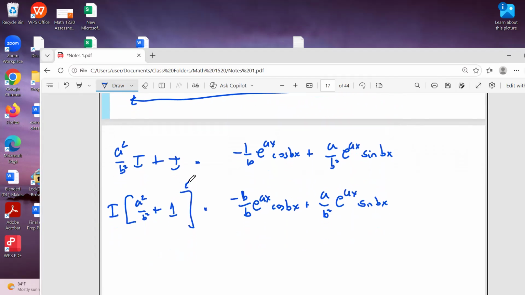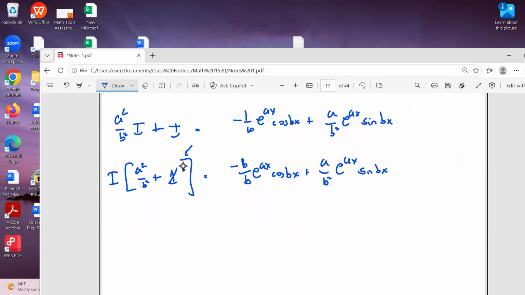I'm going to clean this up a little bit. This is b squared over b squared, so we have a squared plus b squared all over b squared. These are all constants. Times I is equal to negative 1 over b e to the ax cosine bx plus a over b squared e to the ax sine bx.